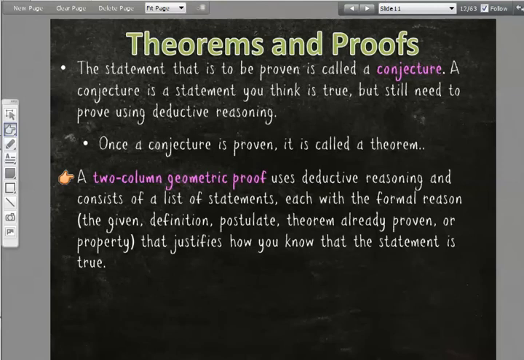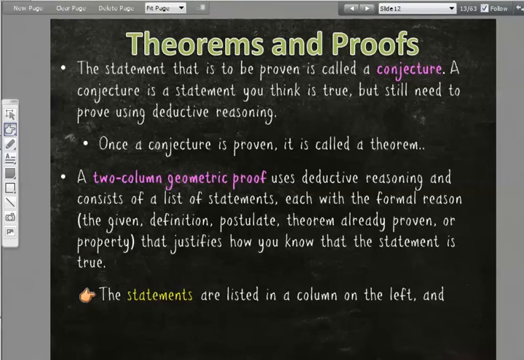A two-column geometric proof uses deductive reasoning and consists of a list of statements, each with a formal reason. You'll have the given, definition, postulate, theorem already proven, or property. These are the items that we're going to be using to develop our proof. And these justify how you know that the statement is true.